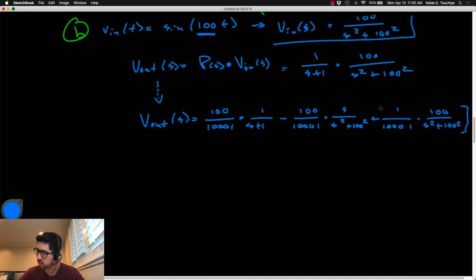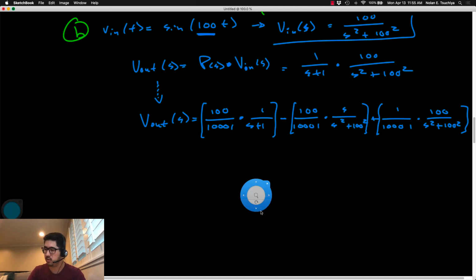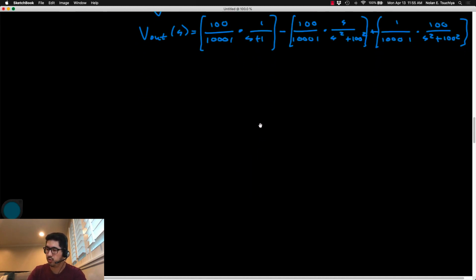All I did was the same exact math as the previous problem. It's just that the coefficients have changed in their value. Remember that when we take the inverse Laplace of this, that's going to be the total output voltage.